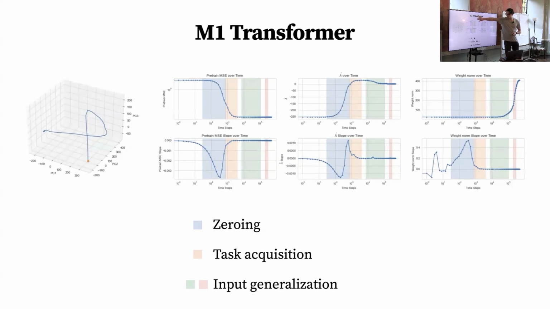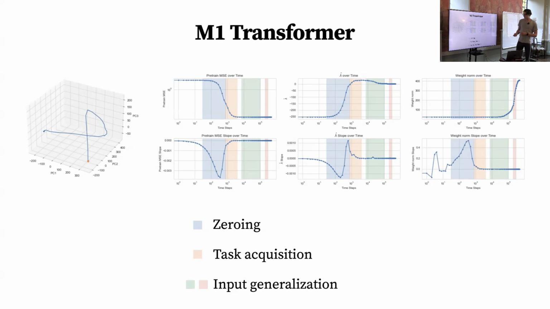Top is the values themselves, and then bottom is the slopes over time. I've colored in a few different stages, which are called zeroing, task acquisition. Then these two are involved in input generalization. I'll explain what seems to be going on in these stages in a little bit.